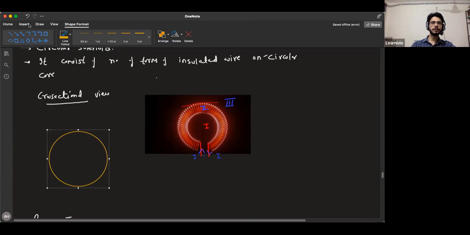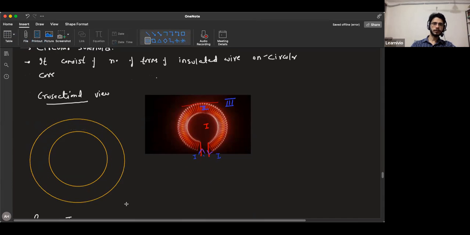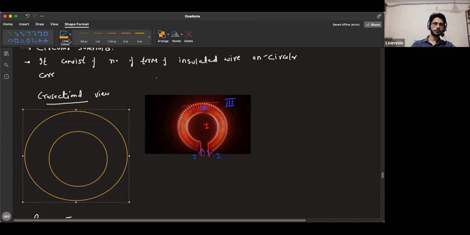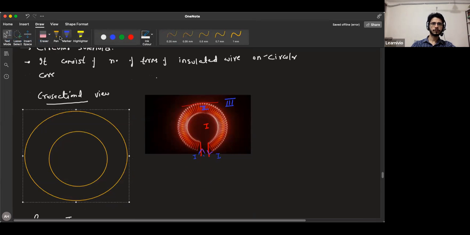Then you can see the outer radius. And current will come out of this. It will come out, then it will go in. Current will come out, and then current will go in.